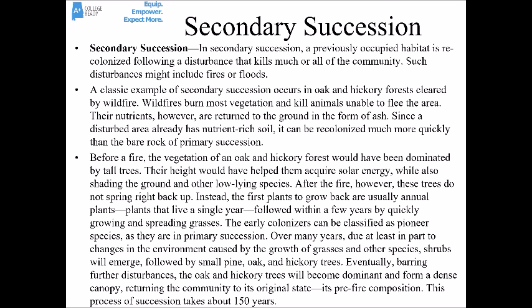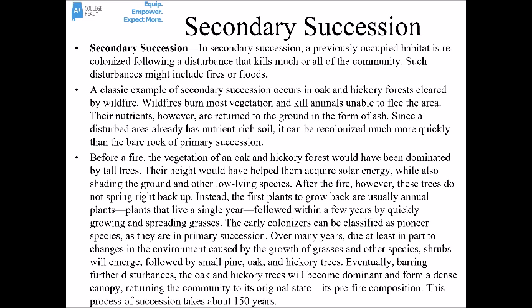Before the fire, there was probably an oak and hickory forest that had a lot of species diversity and was pretty stable. But after the fire, the trees are gone. The first plants to move back in are usually annuals, like grasses. They don't live very long.